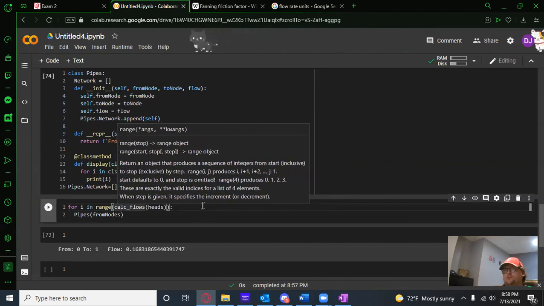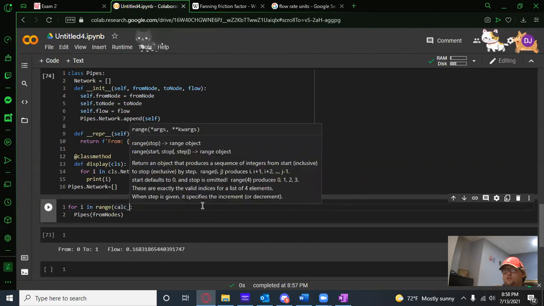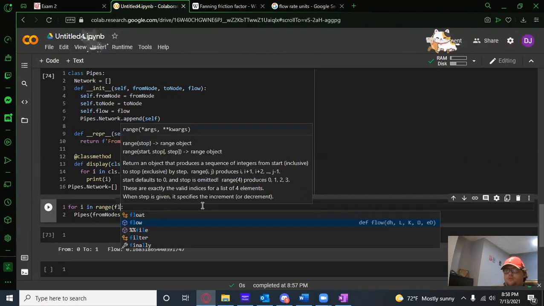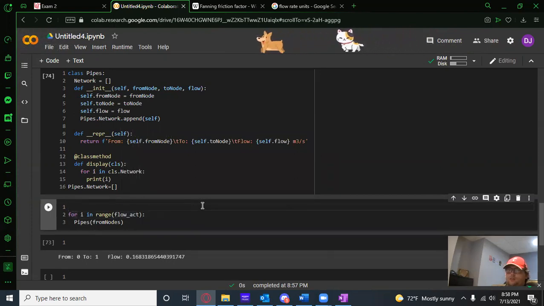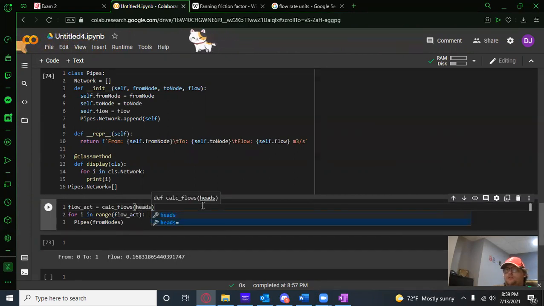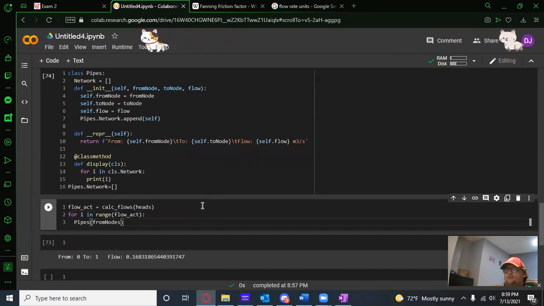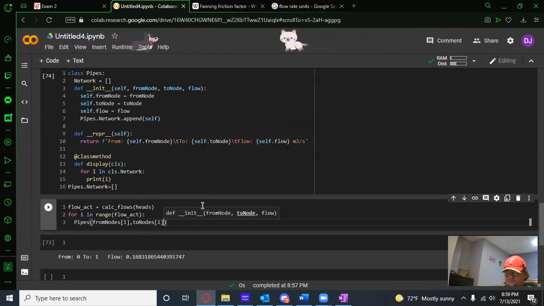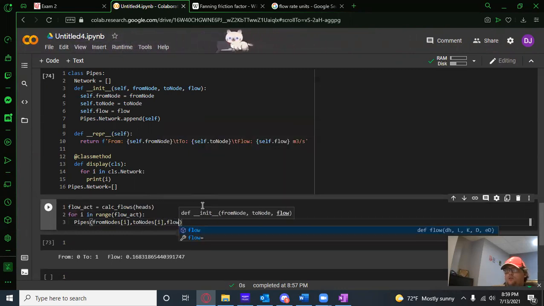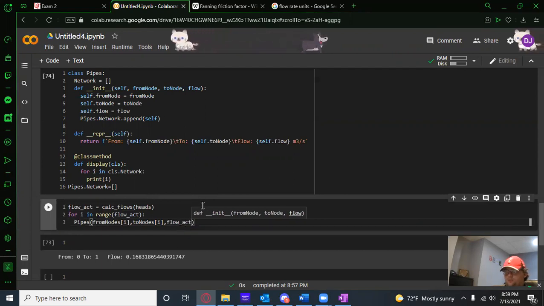This is used in Python 3.7, so I can't even do that. So do is flow actual, and what flow actual is going to be is just the calculated flows using our heads values. So from nodes i, to nodes i, and then our flow actual i.